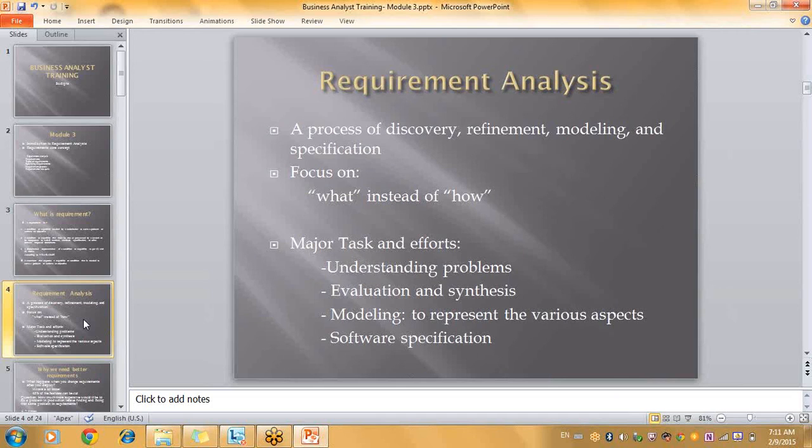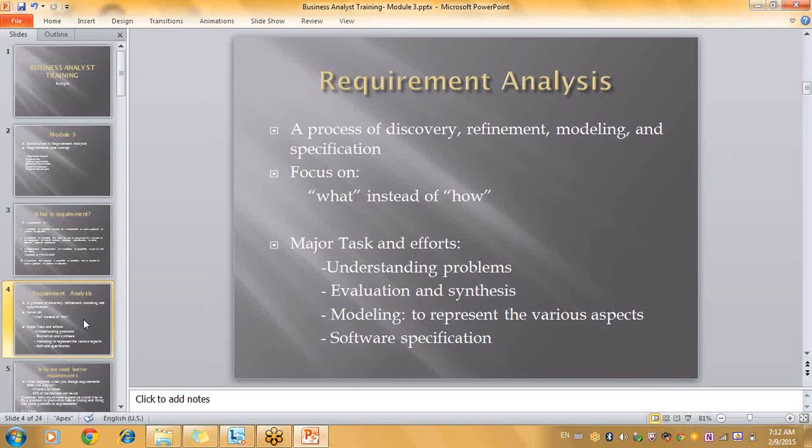If I'm a business stakeholder of the website where you're downloading, and it's taking time, what would we do? As a business analyst, when I'm doing the requirement analysis, I would first start with focusing on what instead of how, right? What is the problem? First, I will start there.